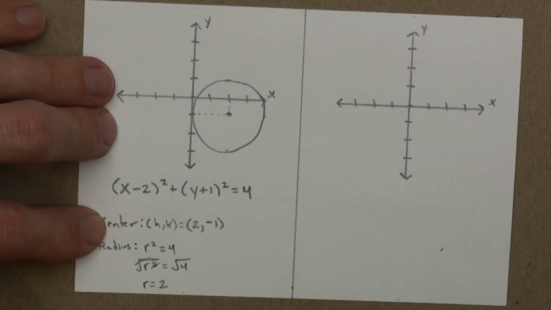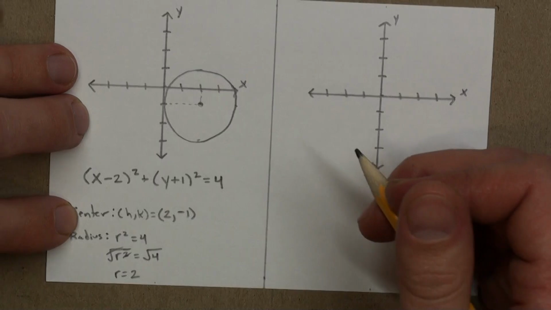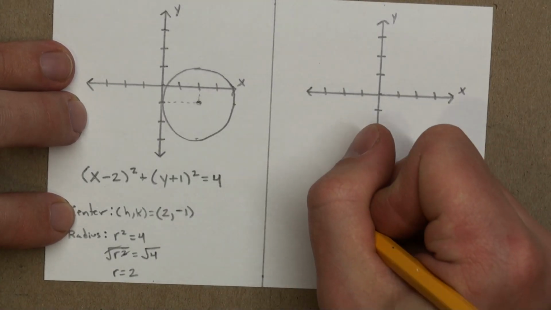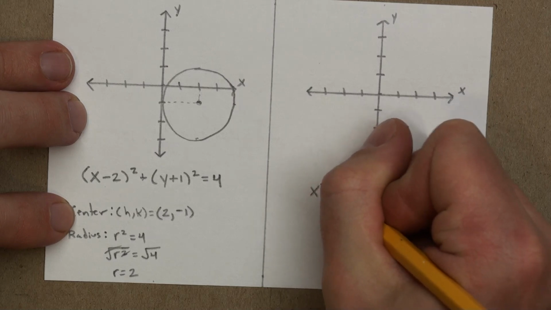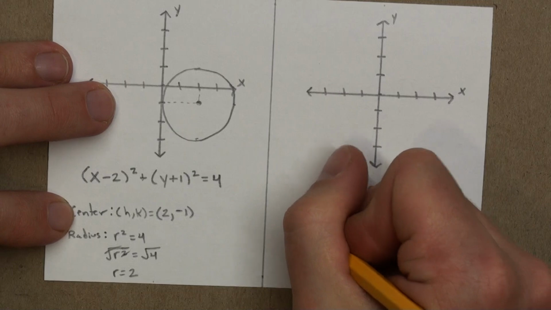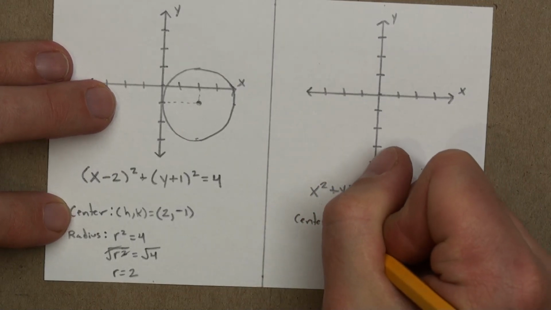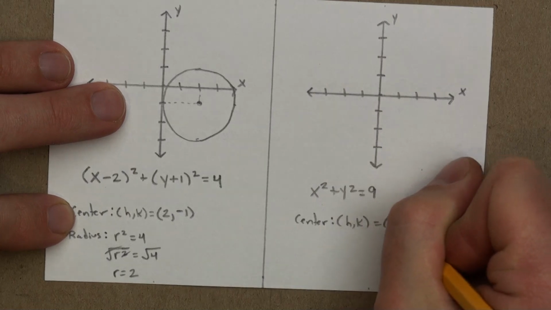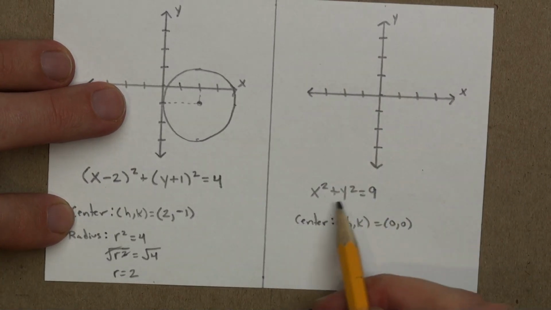So that's it. Then you can have a problem where it's like x squared plus y squared equals, say, 9. Well, my center, which is h comma k, is 0 comma 0, because when you have it like this, it's 0.